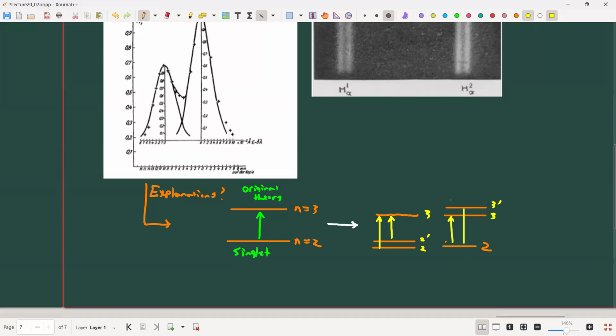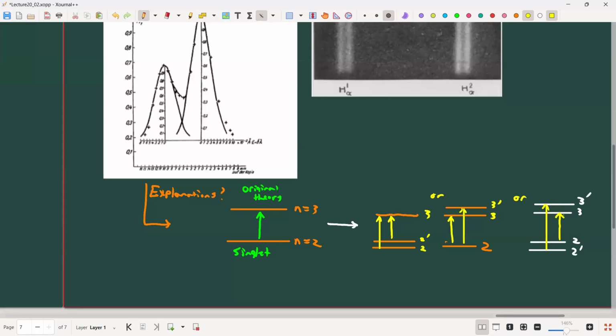You have this. Or we could have both of them split, but each set goes to one of the other of the pair and not the other one. So there's no cross. So maybe 2' goes to 3' and 2 goes to 3, like that.